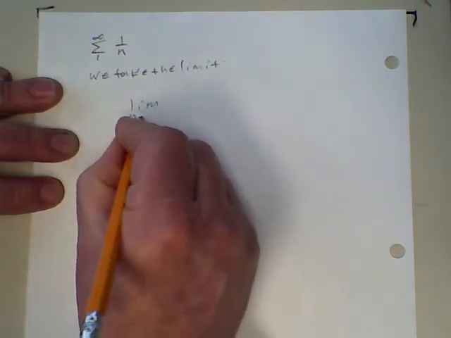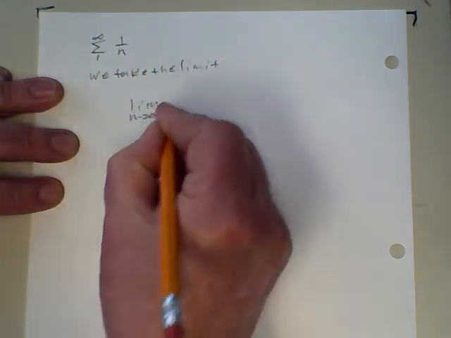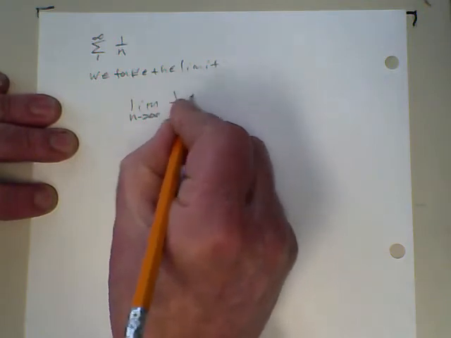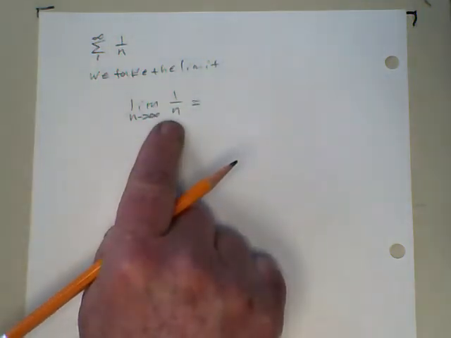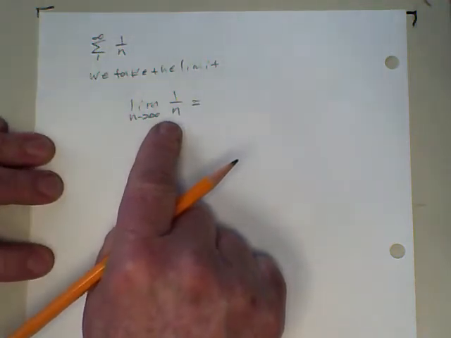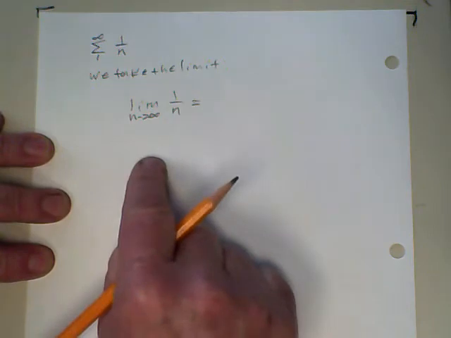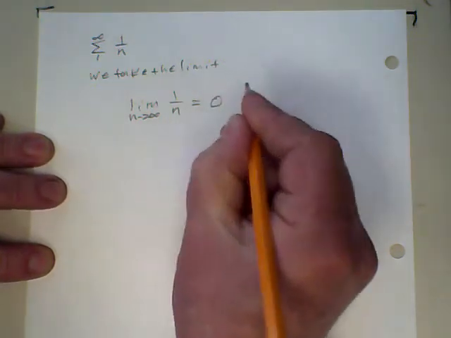As n is going towards infinity, we're going to take the limit of 1 over n. When we check this limit, we know that as the denominator n goes towards infinity, the denominator gets bigger, the value of the fraction gets smaller, so this is going to 0.